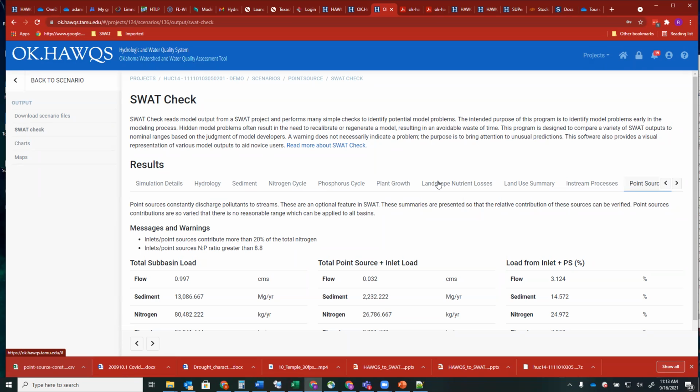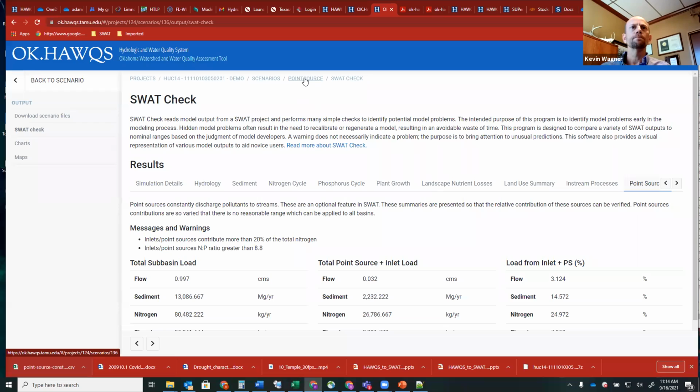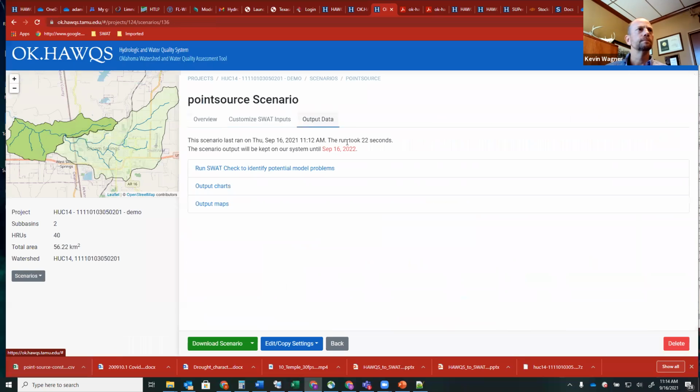Our subbasin sizes are very small, not even a mile, so the routing is not going to change if you have two point sources within a short distance. You can aggregate them and drop them as one point source. Okay, thanks, Srini.